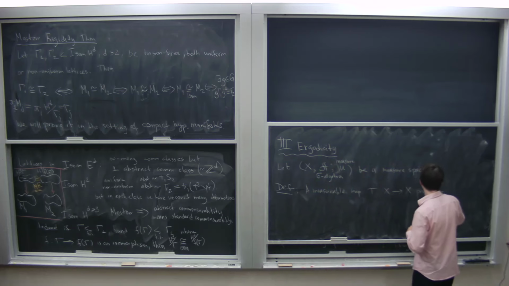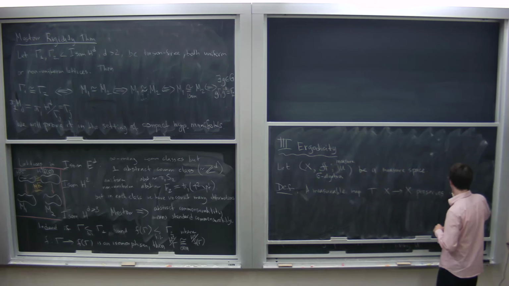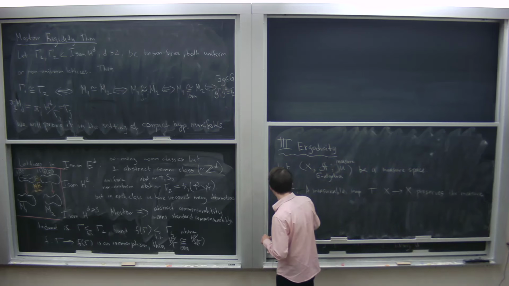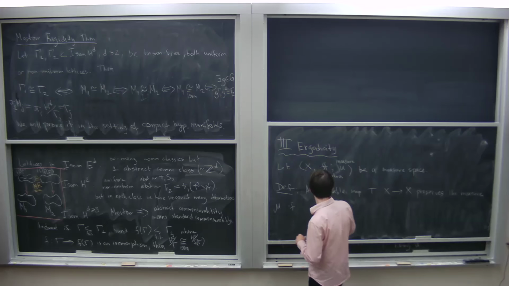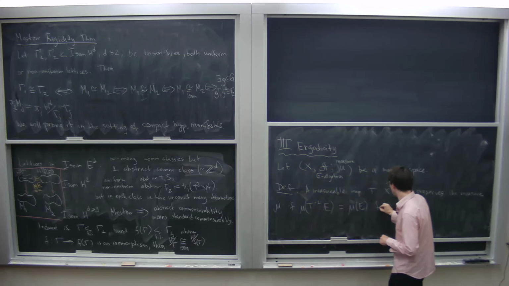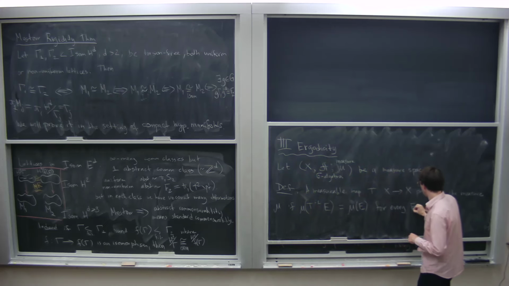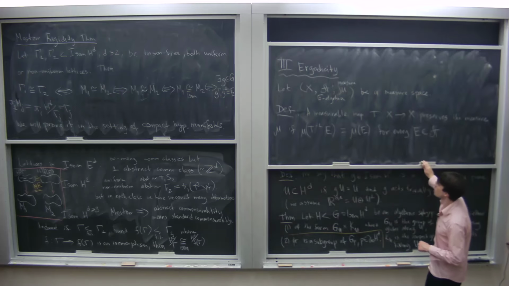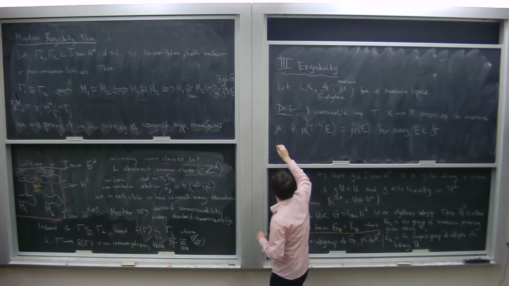is said to preserve mu, so it preserves the measure mu, if the measure of T inverse of E is equal to the measure of E for every E sitting in this sigma algebra A. All right.